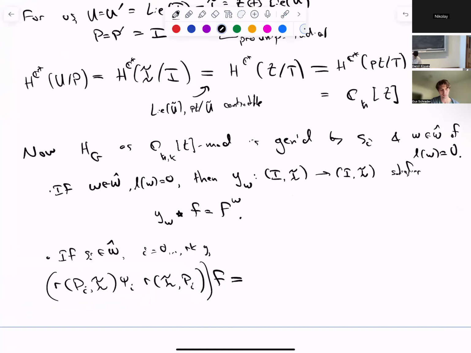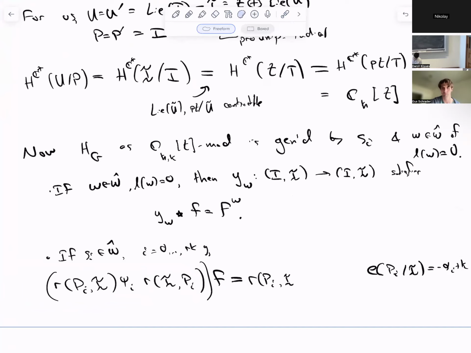And the Euler class of B_i mod I, so this means you have to compute the weights of this paraphoric modulo horn. And the weights you will find by computation are just minus alpha_i plus kappa. So the first contribution is just multiplying by this scalar.